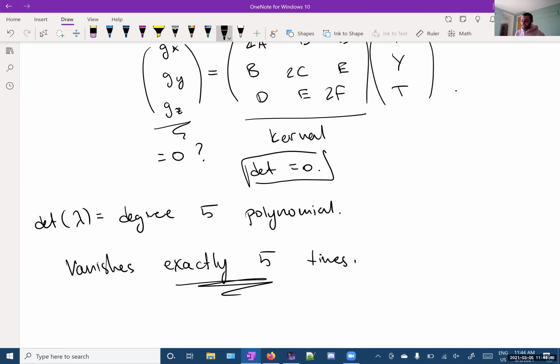Which is great. That means that we found all of the lines meeting L. We found that when we cut S by planes containing L, exactly 5 of those planes will contain other lines.